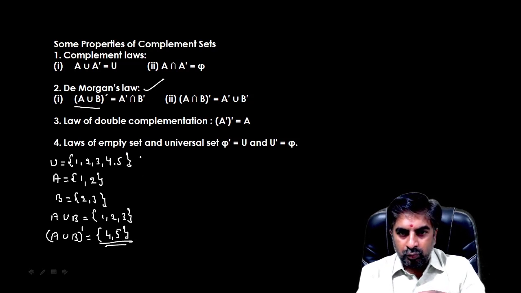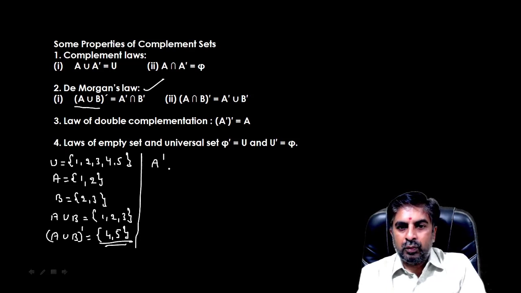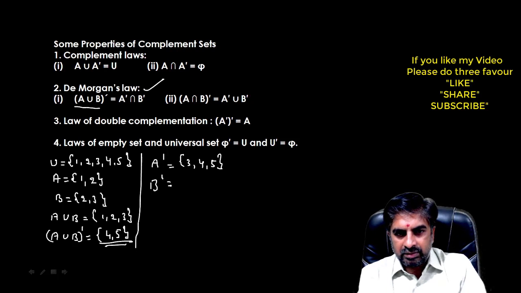Now we need to prove that (A union B) dash equals A dash intersection B dash. Here your A is 1, 2, so A dash, if you remove 1 and 2, will be 3, 4 and 5, that is U minus A. Now U minus B will be B dash. If you remove 2 and 3, it is 1, 4 and 5.